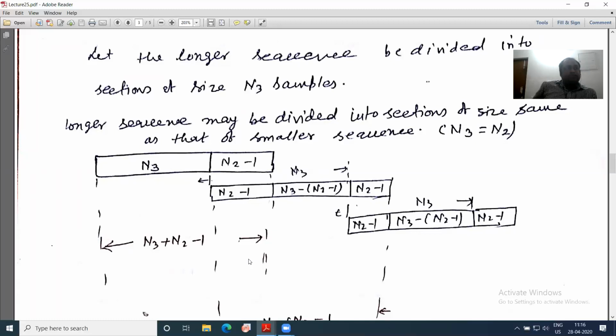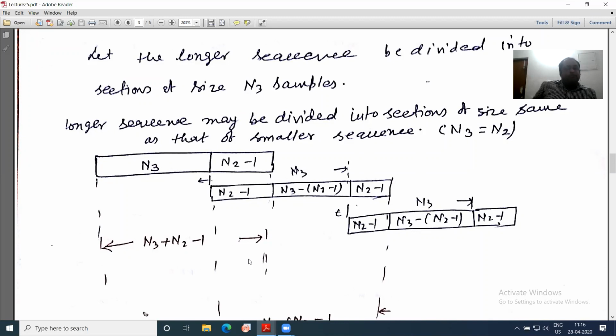Each smaller section of length n3 is convolved with the smaller signal of length n2. The length of each output will be n3 plus n2 minus 1, and n2 minus 1 samples of each output section will overlap with the next section, and this process continues until the sequence is over.